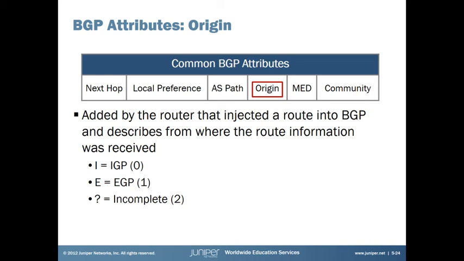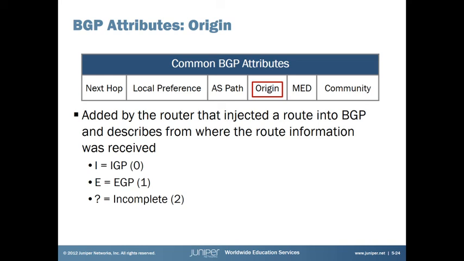So in the route selection process, an origin with a value of 0, with Juniper routers, it's actually put in as an I. Same goes for Cisco routers. That is the most preferred. The E, next most preferred. The question mark, we don't know, is the least preferred out of those three.